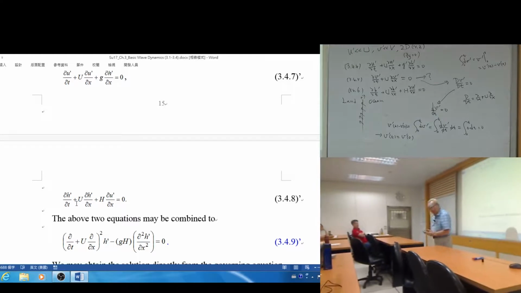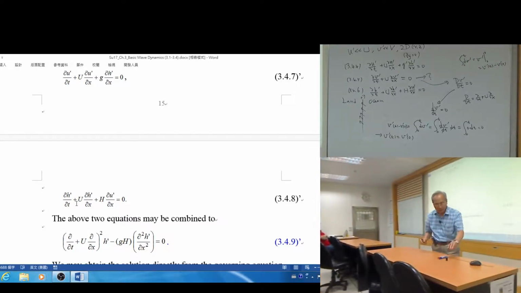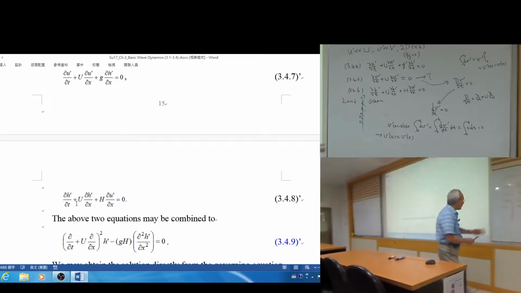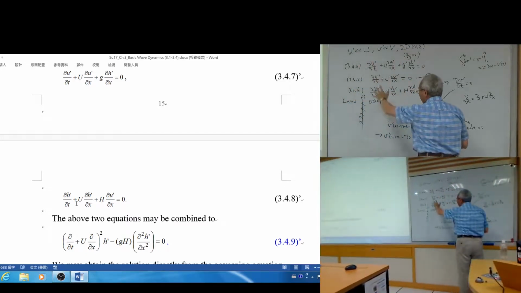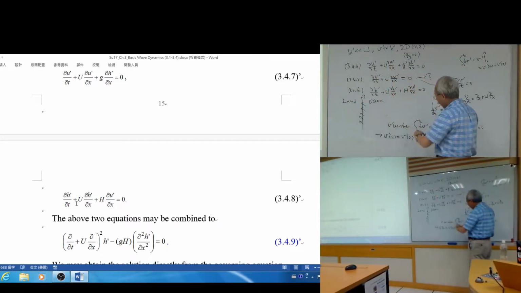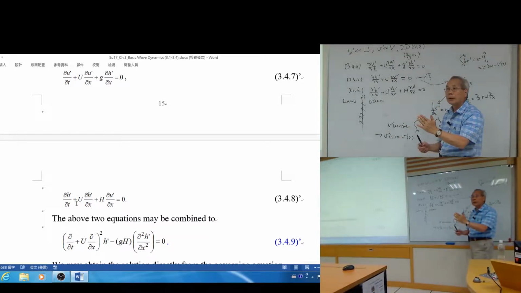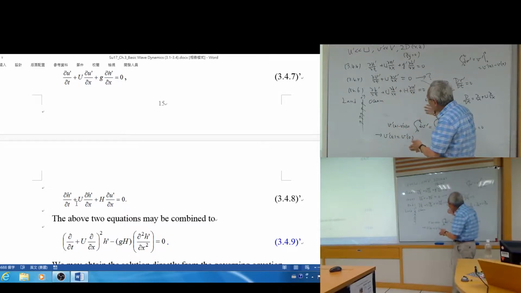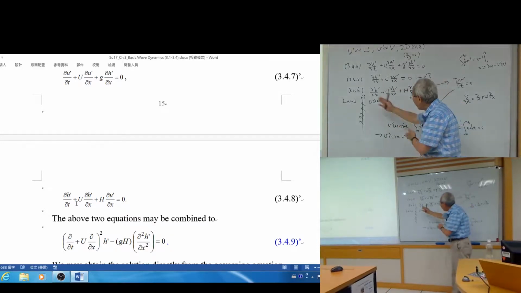Let me try the Mandarin. Assume there is no rotation, and initially there's no v wind.